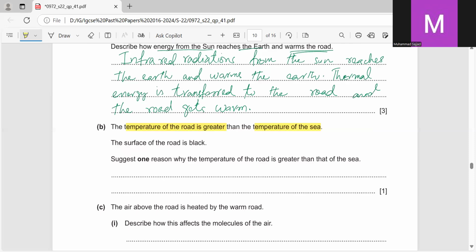So the surface of the road is black. Suggest one reason why the temperature of the road is greater than that of sea. So see, the road is black.